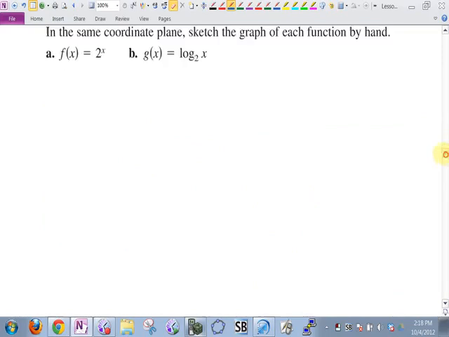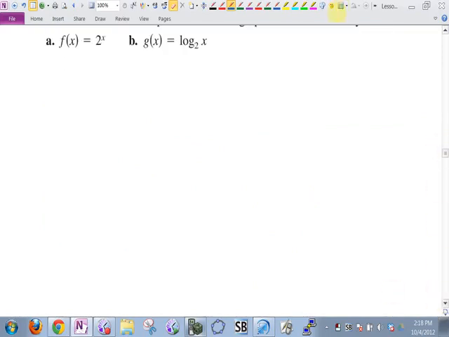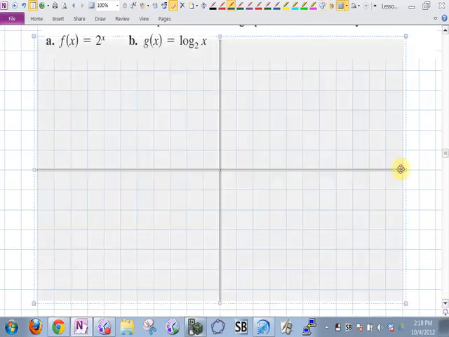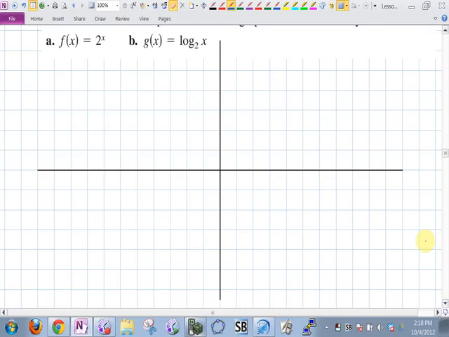Let's go on to graphing. All right. So how are we going to graph this logarithm? Well, we're going to start by graphing its inverse function, because if I can graph a function, I can graph its inverse. So we're going to start by graphing 2 to the x. Is 2 to the x a parent function?